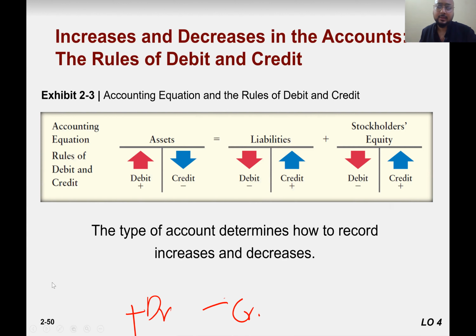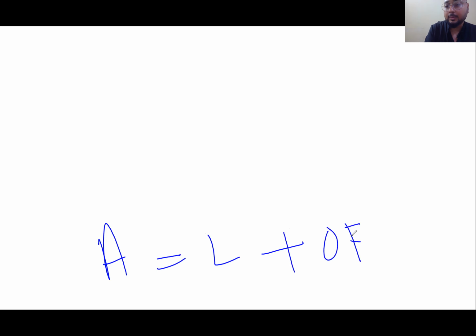So the logic behind this is that we know assets equal liabilities plus owner's equity, right? So if an asset increases, for example cash, it increases the left hand side.